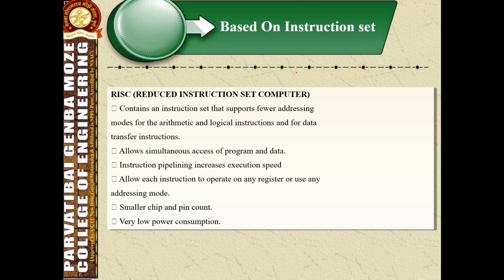These RISC instructions are simple, taking one cycle for execution. Very few instructions refer to the memory, and they have a fixed format and are executed by hardware. RISC has very few and simple addressing modes. RISC architectures are highly pipelined.